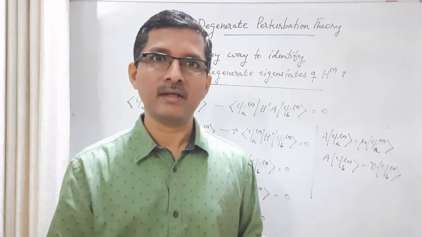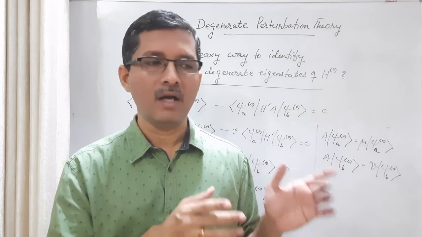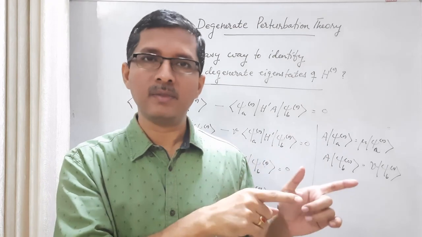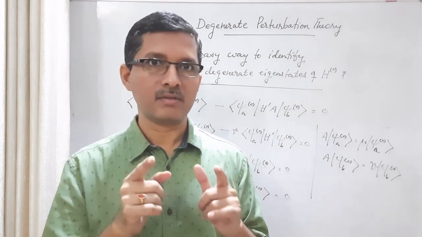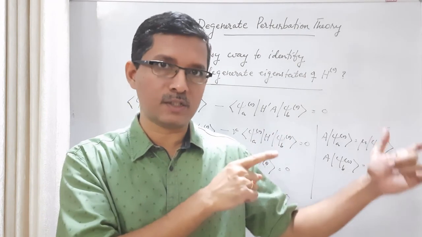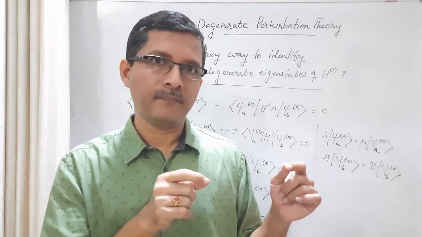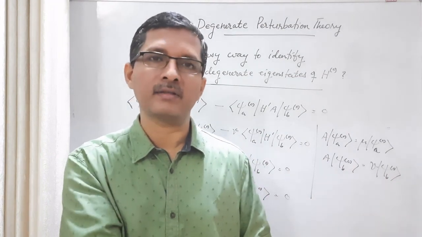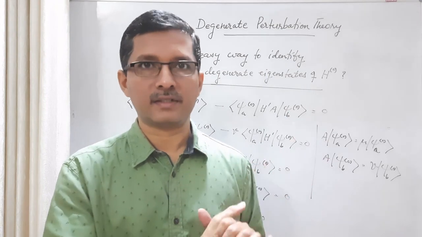Then it is guaranteed that if we start with those degenerate eigenstates of the unperturbed Hamiltonian, our perturbing Hamiltonian will automatically be diagonal, because this operator A commutes with H0 as well as H prime. So that is the correct way.